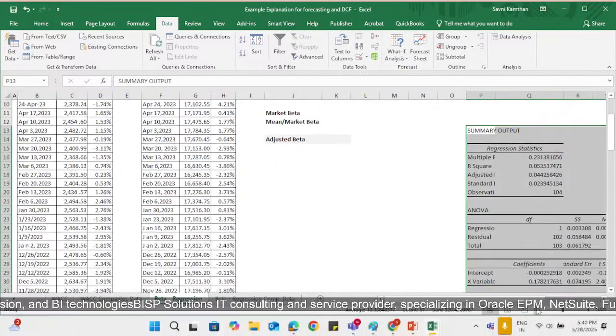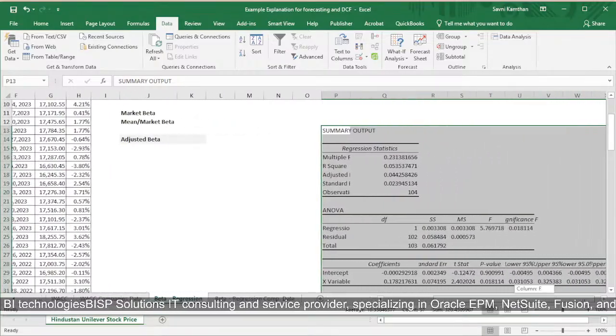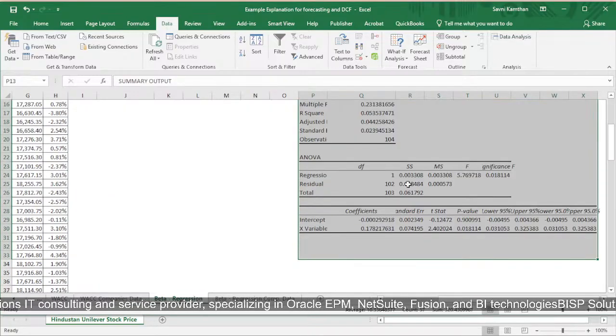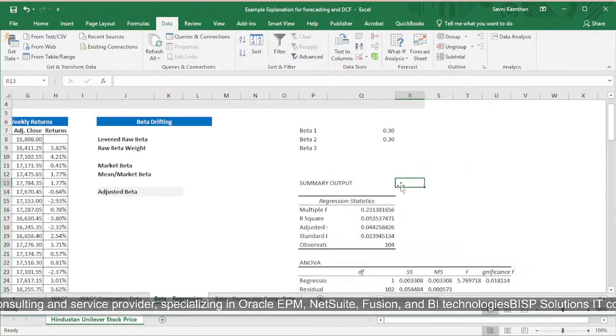Now it is showing us a small data sheet where everything is calculated. So this is how we can do calculation of beta.